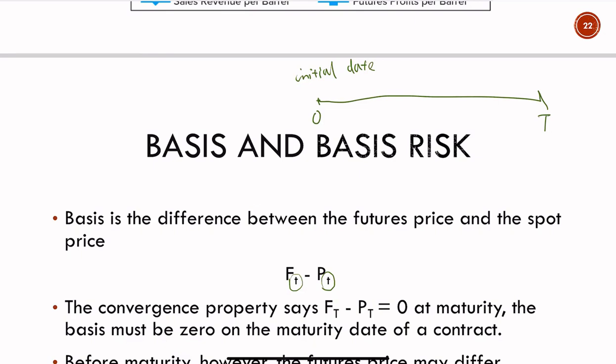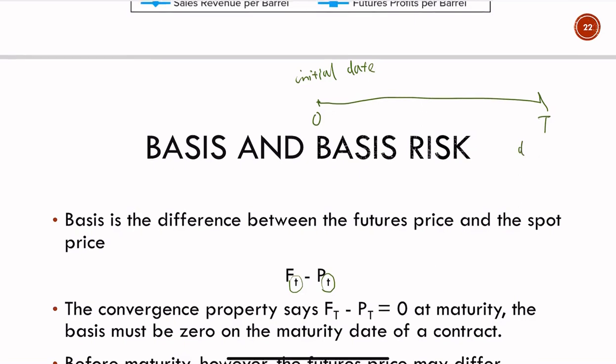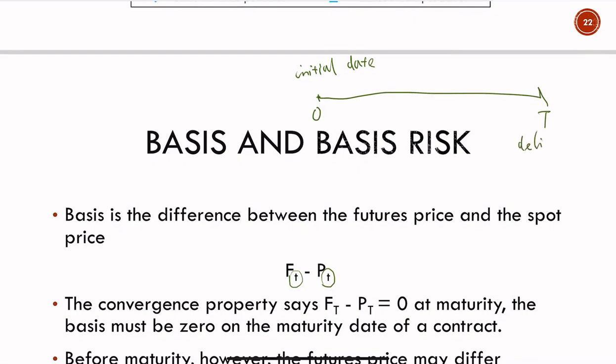This capital T means the maturity or delivery date, the date when your contract expires. And this lowercase t means any date between the initial date and delivery date, so it's a date in the middle.